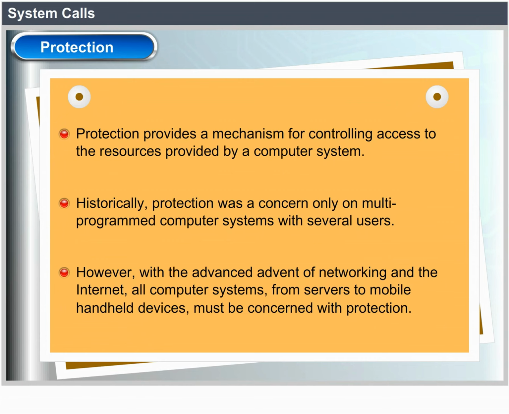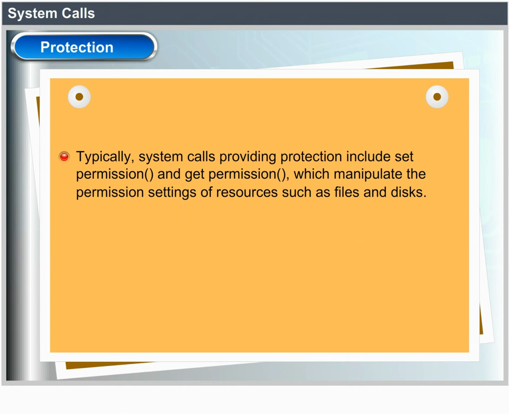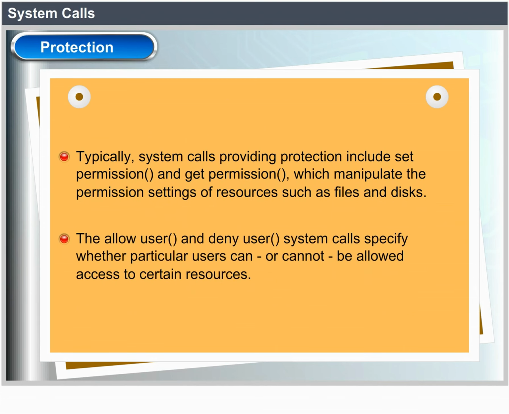Typically, system calls providing protection include setPermission function and getPermission function, which manipulate the permission settings of resources such as files and disks. The AllowUser function and DenyUser function system calls specify whether particular users can or cannot be allowed access to certain resources.